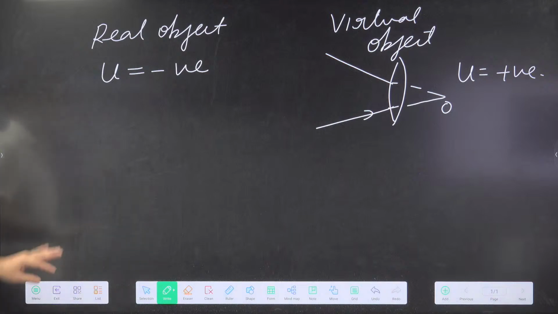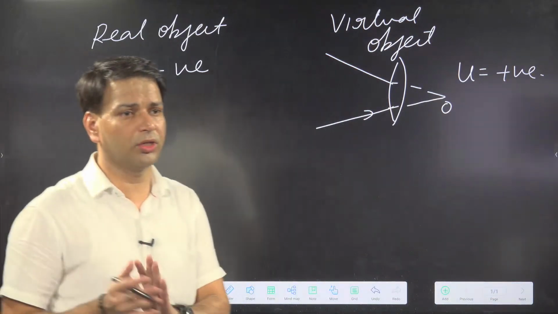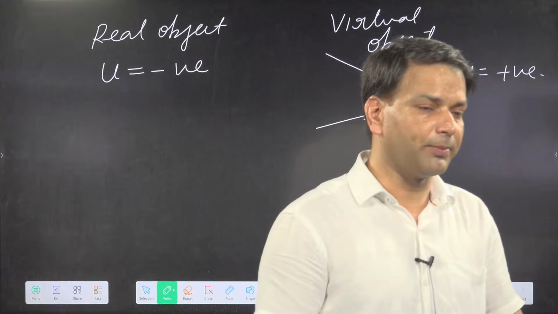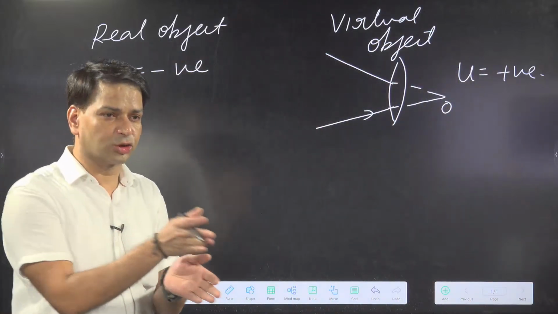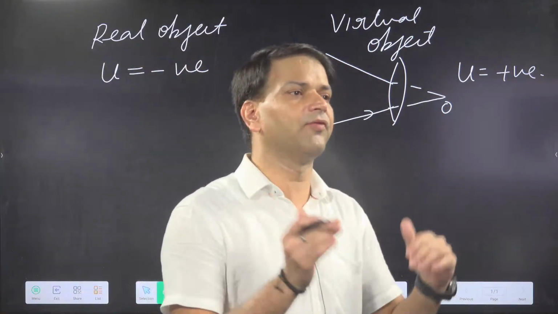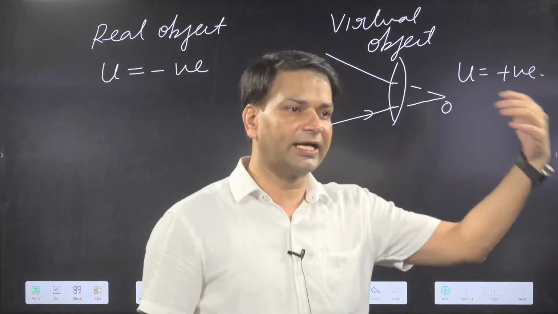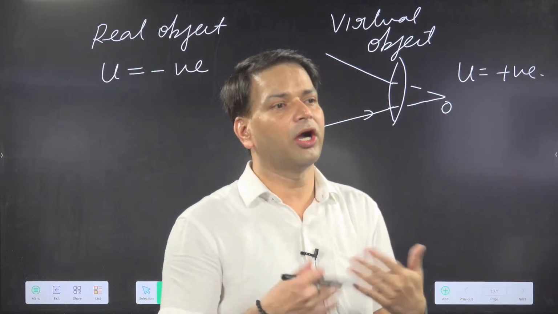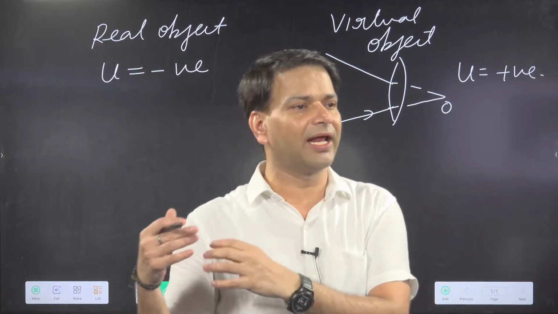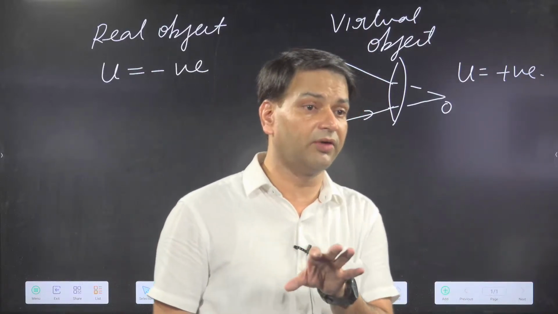Okay, what is a real image? Real image and virtual image is what? Maybe the image formed due to the reflection or refraction. If light rays, after reflection or refraction, are actually meeting somewhere, then it is the real image. If they are not meeting, but when we extend them, they appear to meet at some point, so it is a virtual image.